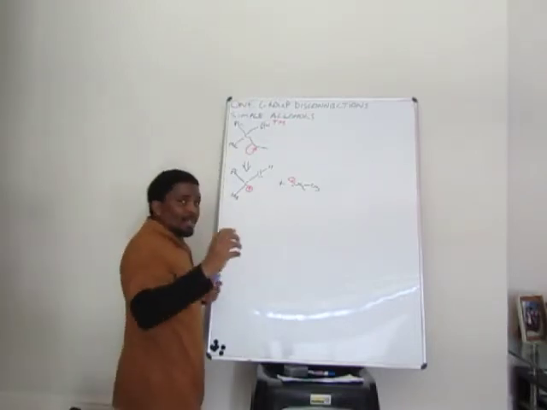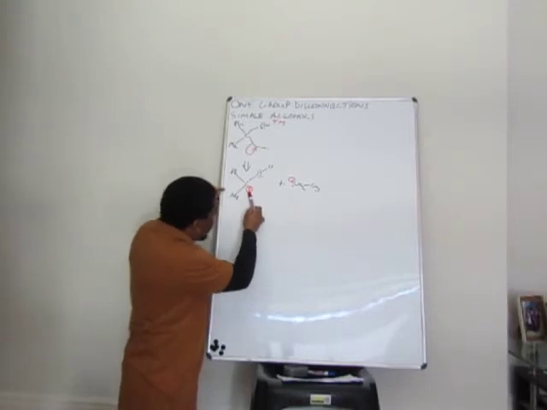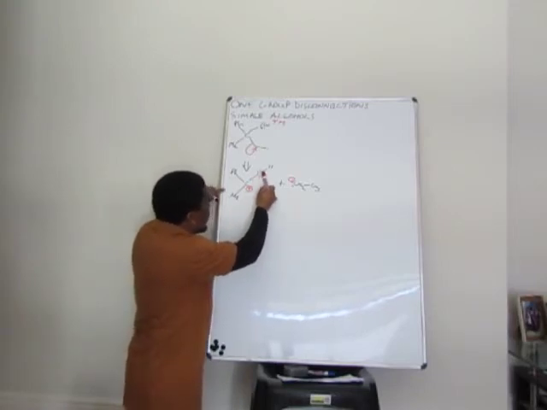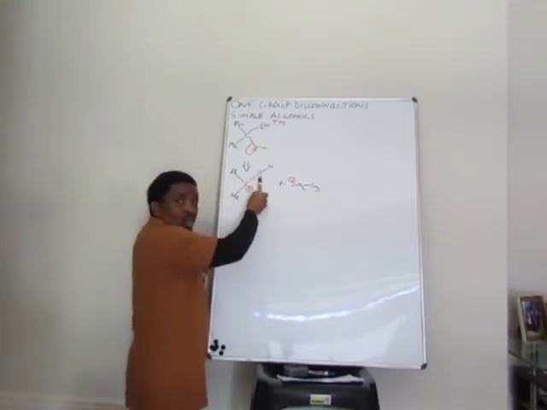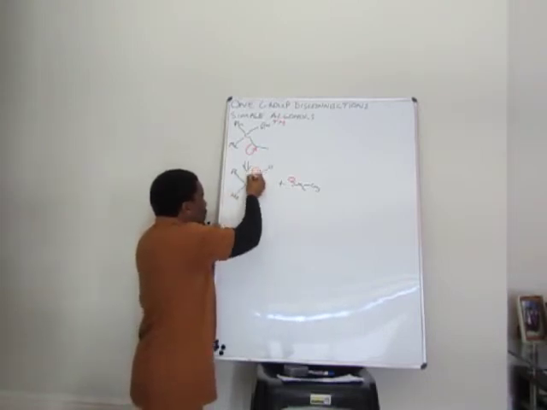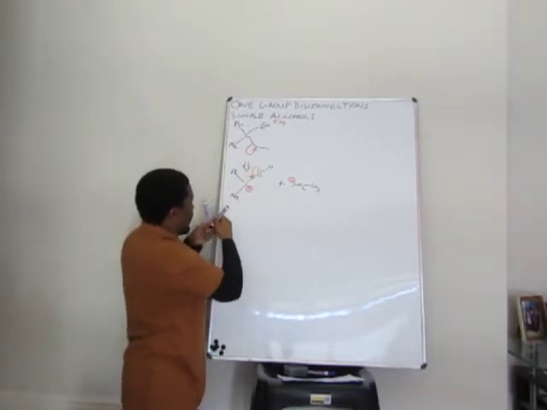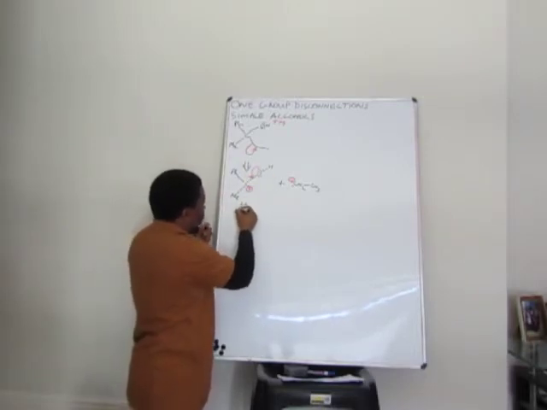Now, what happens here again? Still the same thing. I've got a positive charge, a single bond, and oxygen, which is a source of electrons. Therefore, this will come over here if I were to move backwards. And then what do I get here?